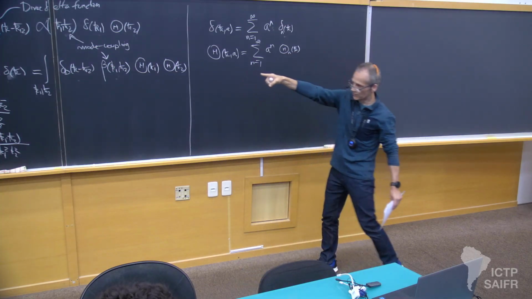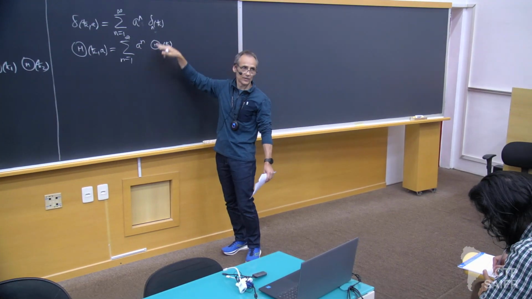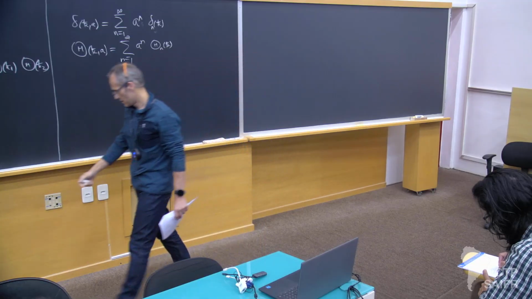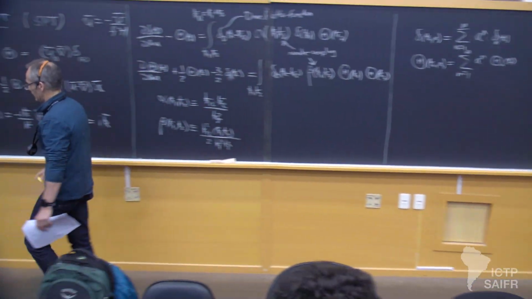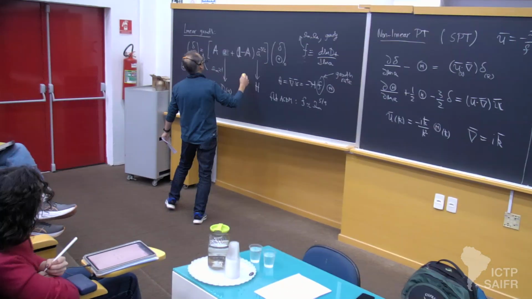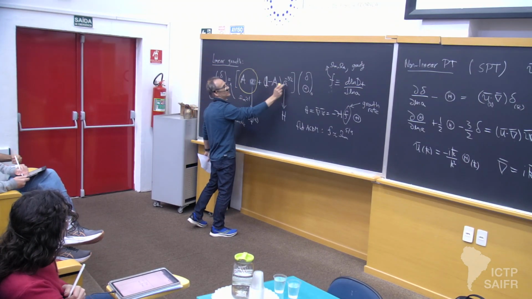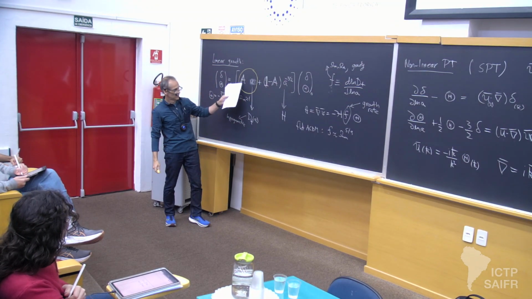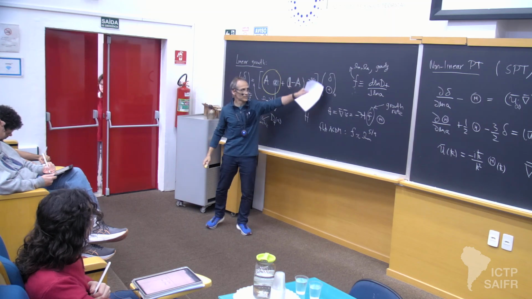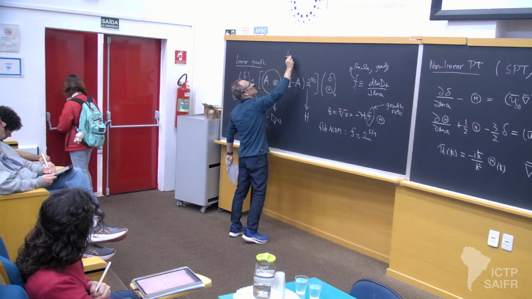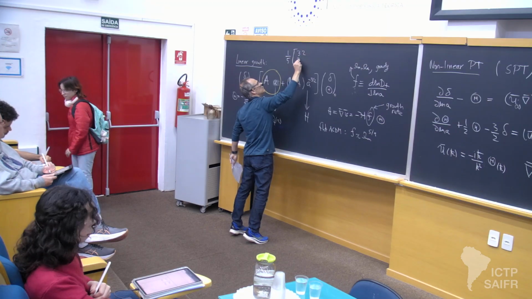Now, what we found over there is that restricted to the fastest growing mode, when n is equal to 1, theta and delta are exactly the same, right? If you restrict yourself, if you kill the decaying mode, the growing mode is the same. If you remember, this matrix is this.